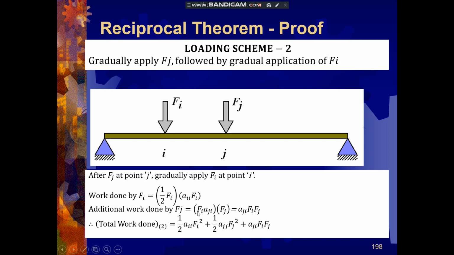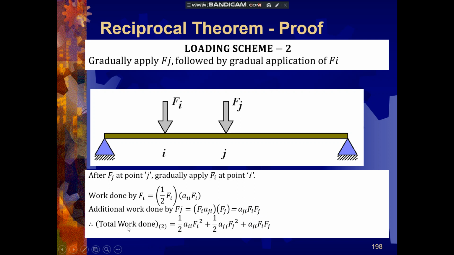So displacement at j due to unit load at I is supposed to be Aji, and under the influence of force Fi, the displacement at j becomes Fi multiplied by the cross influence coefficient Aji. So this is the net displacement, and this is now multiplied by Fj, and we get this Aji into Fi Fj.